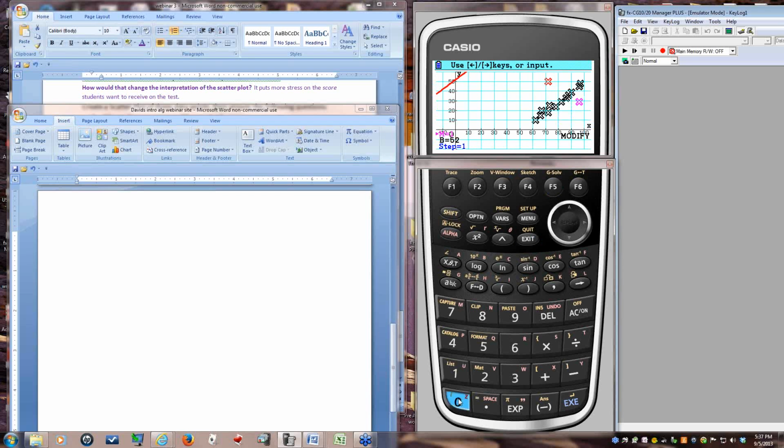I want to make that 0, and I want to make the y-intercept 0 to start. So now I'm back pretty much with what I had to begin with. Now on this one, I know what the answer is, and the y-intercept is not a friendly number for students to do.